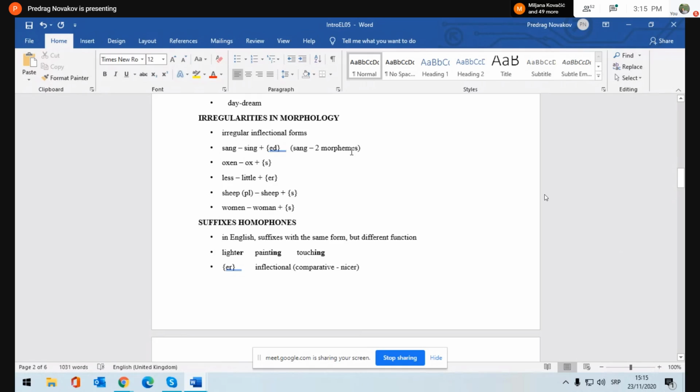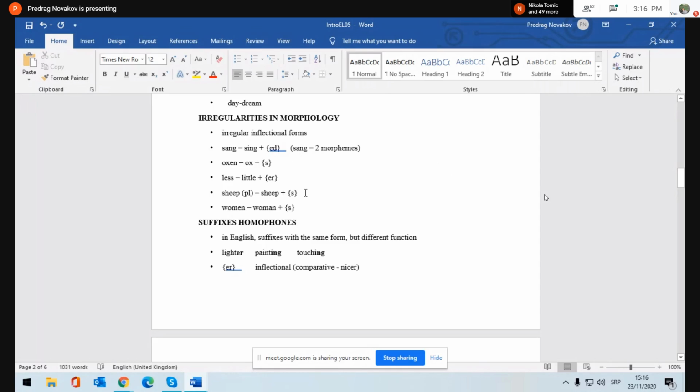Two morphemes, but this ed is realized in an irregular way. If you use the word sang, it means sing plus past. That's why we can say it still has two morphemes, but ed realized in an irregular way.